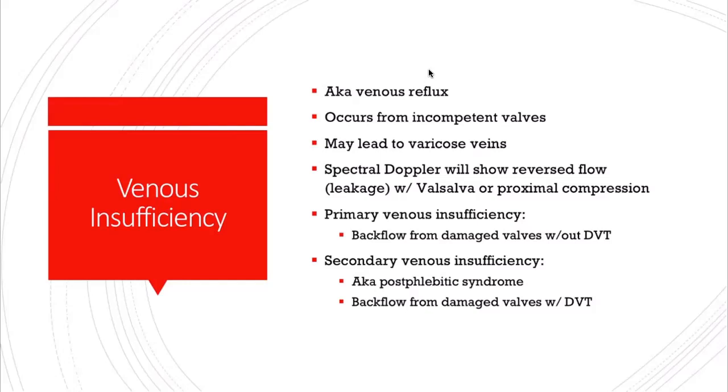So valves that are incompetent cause venous insufficiency or reflux, right? And so it's like one leads to the other, but a lot of times people use them as AKAs. It says incompetence allows blood to flow backwards towards the ankles, towards the feet.